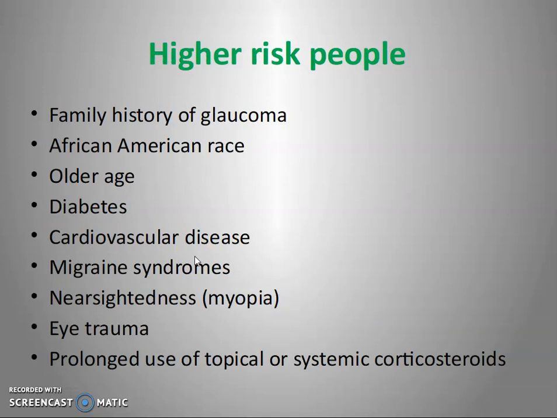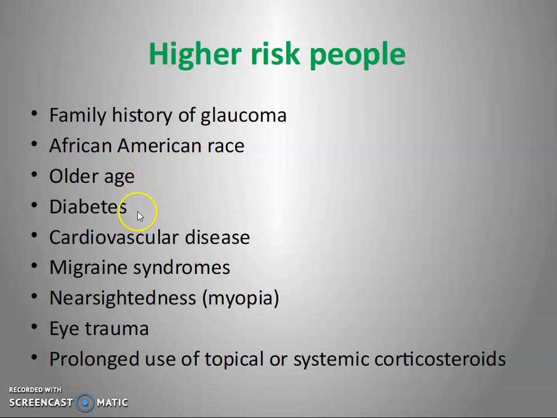The risk factors associated with glaucoma patients: the first is genetic cause, the next is race. African Americans have 5 times higher risk of glaucoma as compared to others. As age rises, the risk of optic nerve damage as well as glaucomatous state also increases.